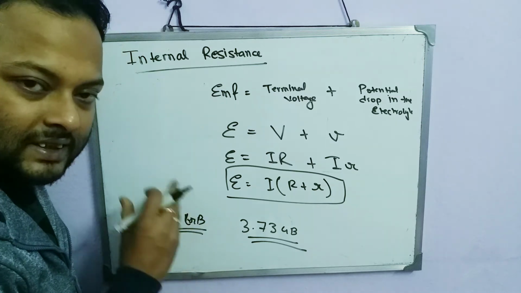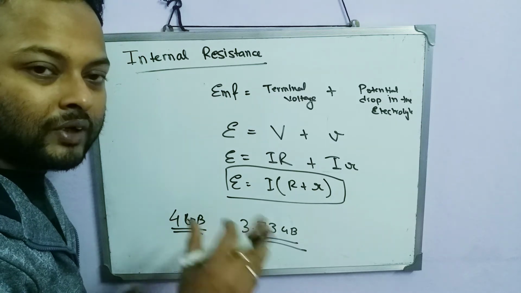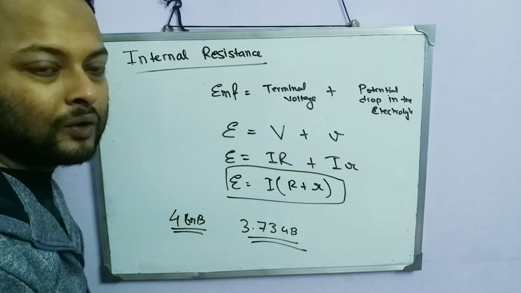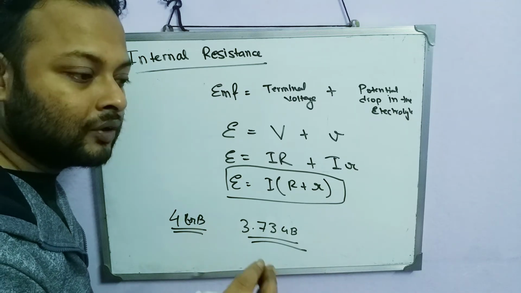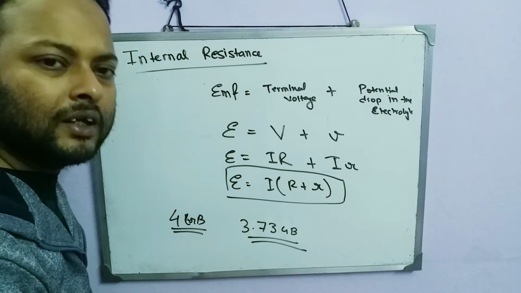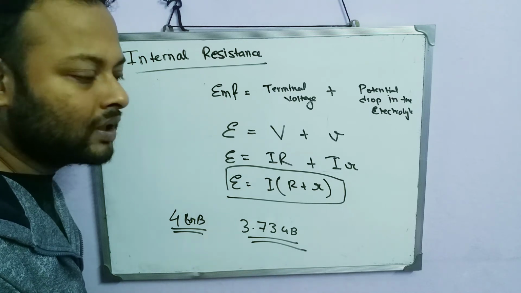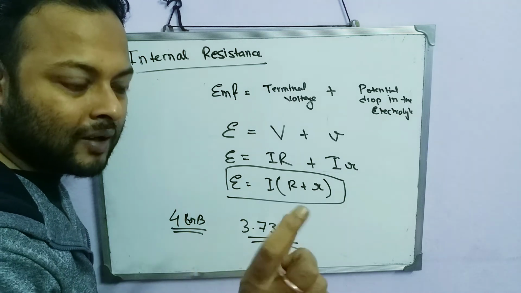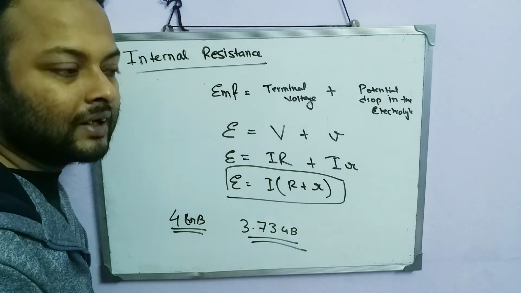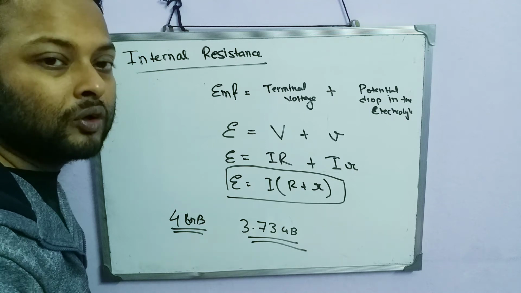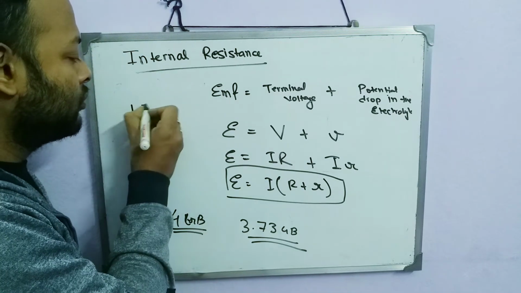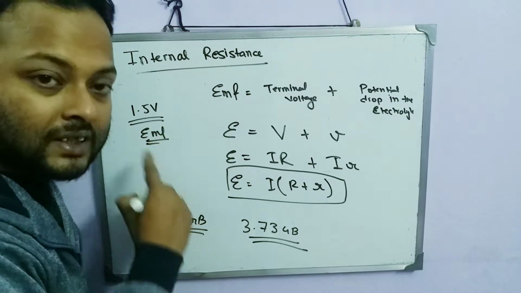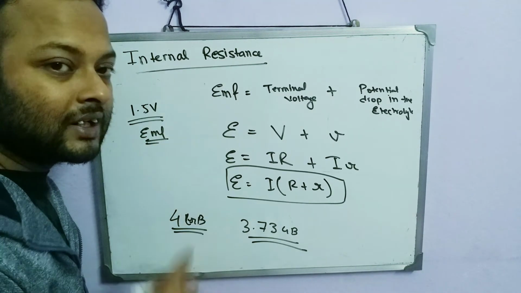Similarly, the same thing is happening. If you have an EMF battery of 20 volt, you cannot utilize the entire 20 volt. You can utilize something lesser than that, 18 volt or 17 volt, but the entire 20 volt you cannot utilize. If you go to a shop to buy a pencil battery that is used in your remote control, and it is written 1.5 volt, this is the EMF which is written, not the terminal voltage.